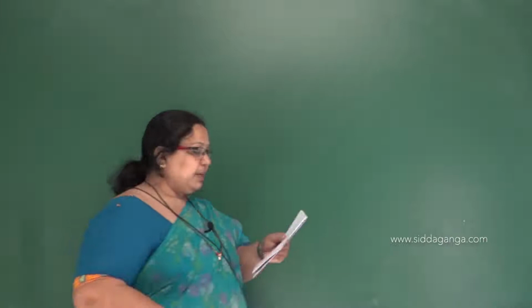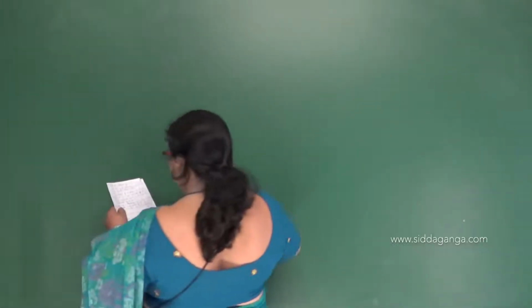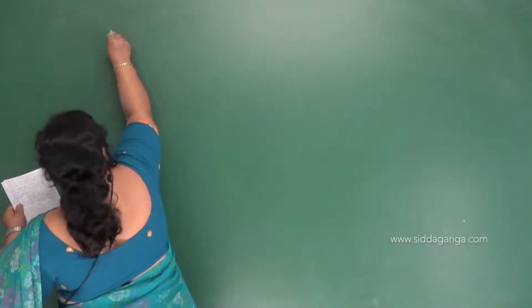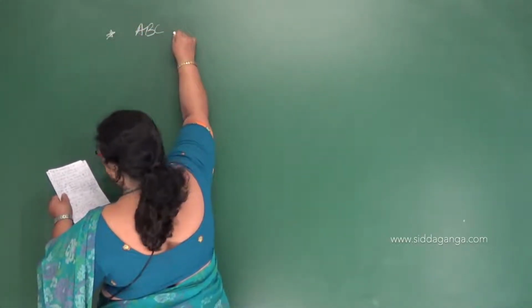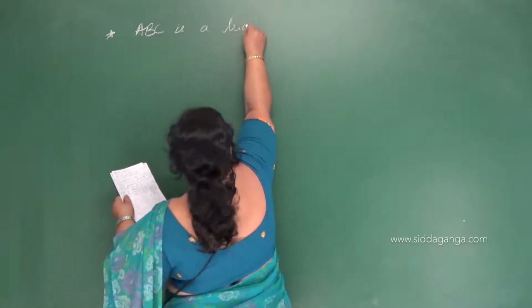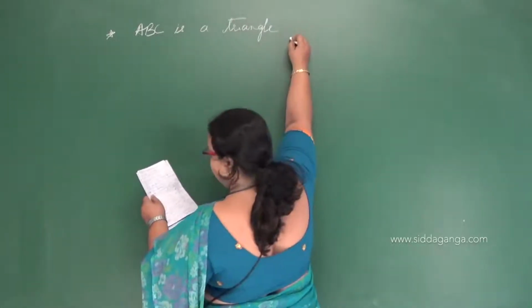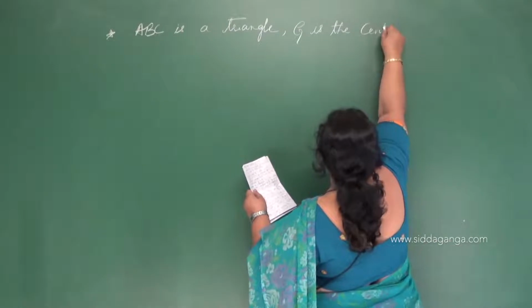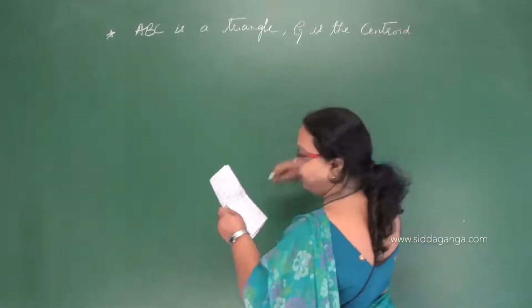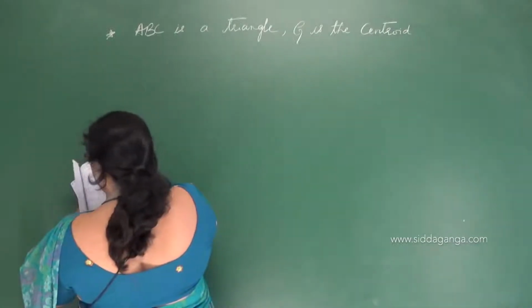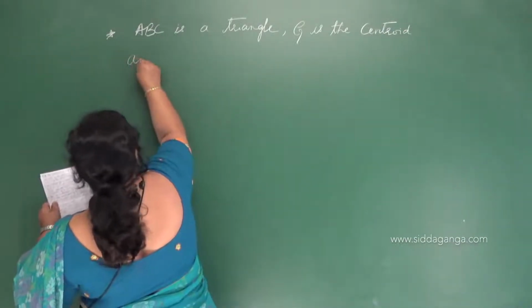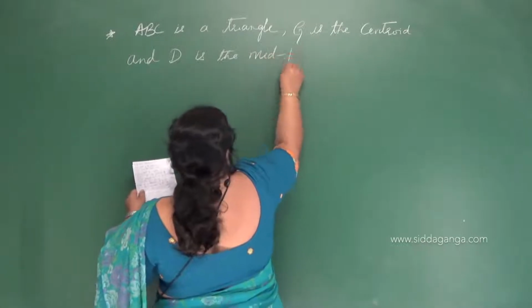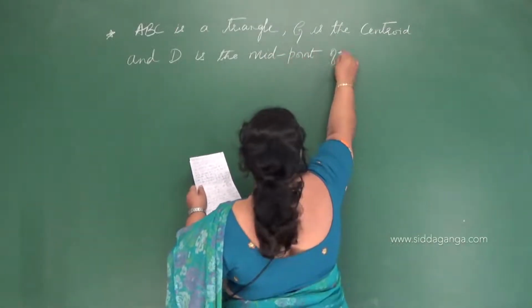Now ABC is a triangle. G is the centroid and D is the midpoint of BC.